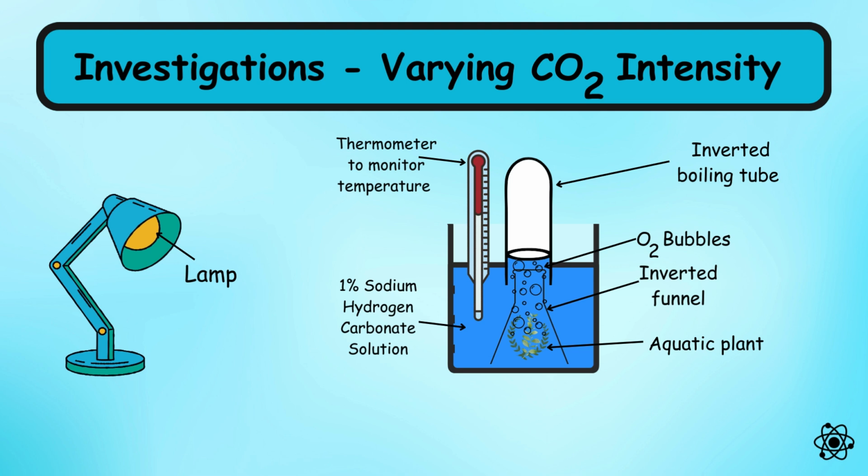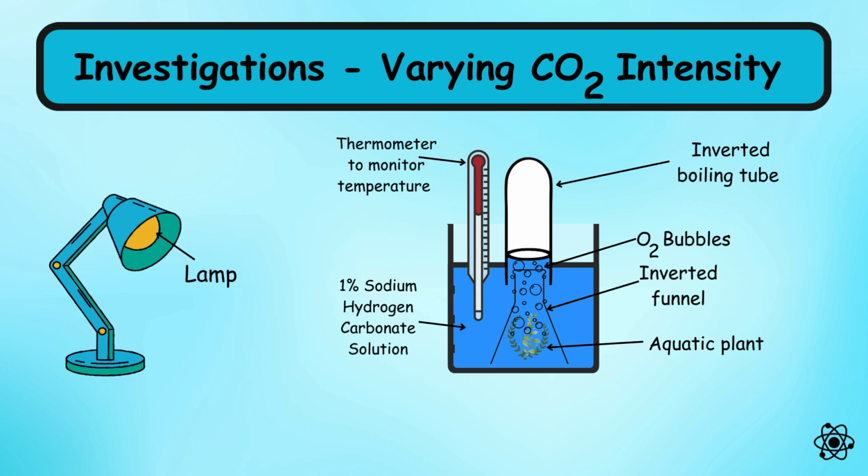A thermometer is used to monitor the temperature of the solution. A lamp is placed near the beaker and the distance of it from the beaker must be kept constant. To change the carbon dioxide concentration, different amounts of sodium hydrogen carbonate may be dissolved in the water in the beaker, and the rate of photosynthesis must be calculated.